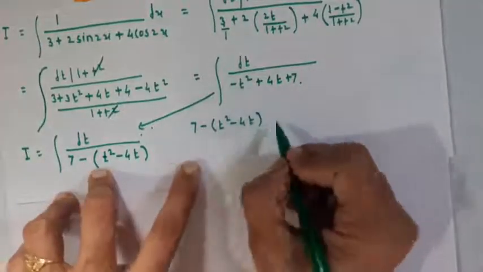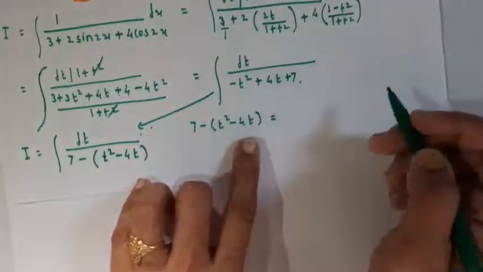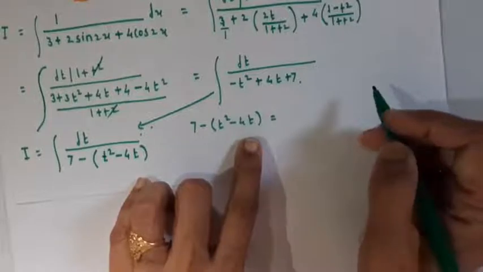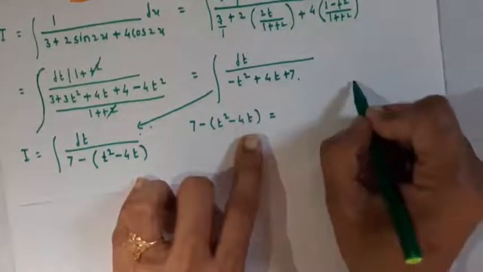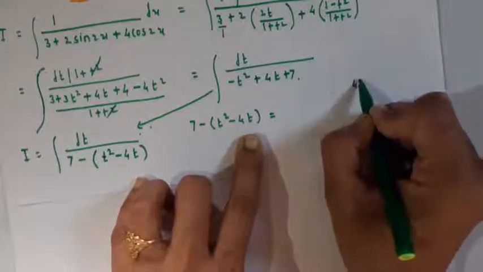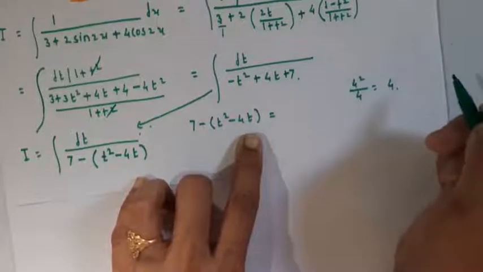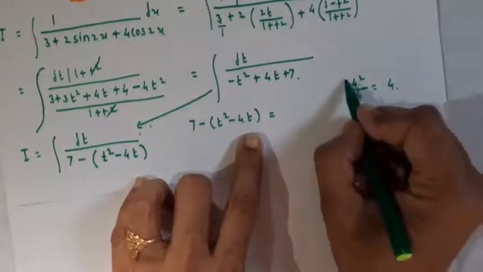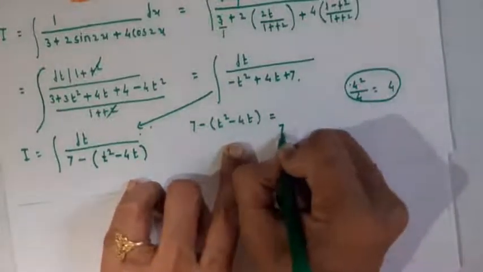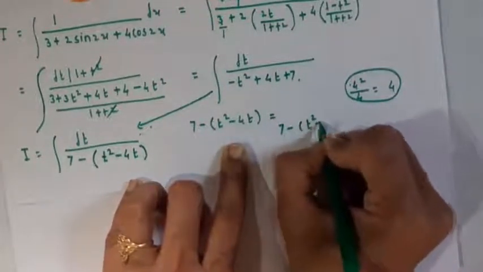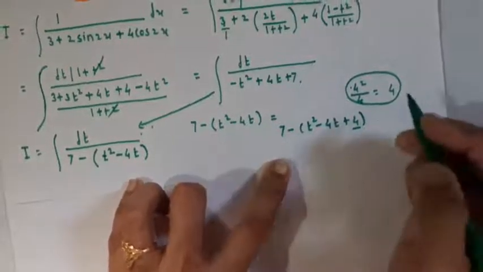To complete the square, let us adjust the term by using the formula b by a whole square. b by a is 4 here, the square of 4 is 16, 16 divided by 4, and therefore we have to adjust the term 4. So we can write this as 7 minus t square minus 4t plus 4 and minus 4, which we have to adjust.